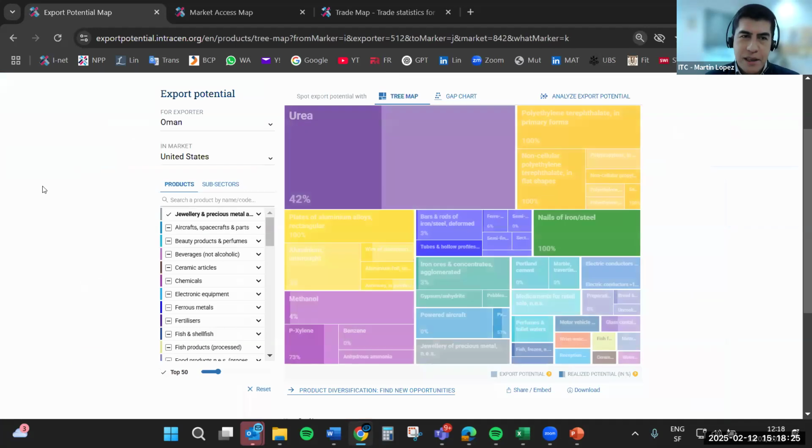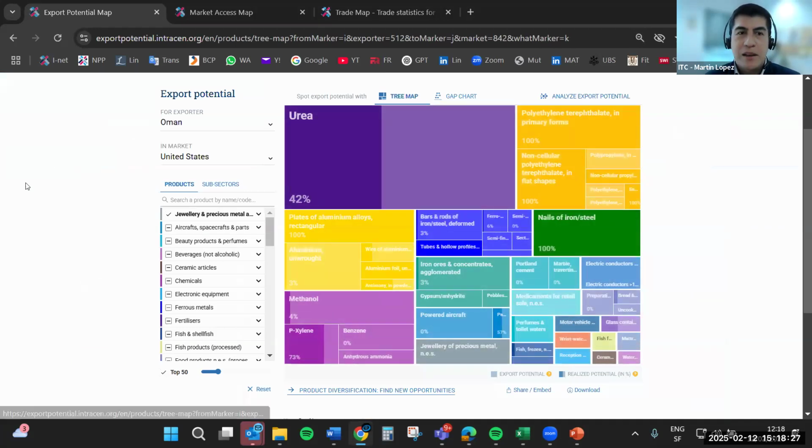This is already a very good insight. If you're looking at my screen, you are seeing a prediction of this econometric model that tells you what are the products that could have better chances to access the North American market based on the current and past behavior of trade between both countries.